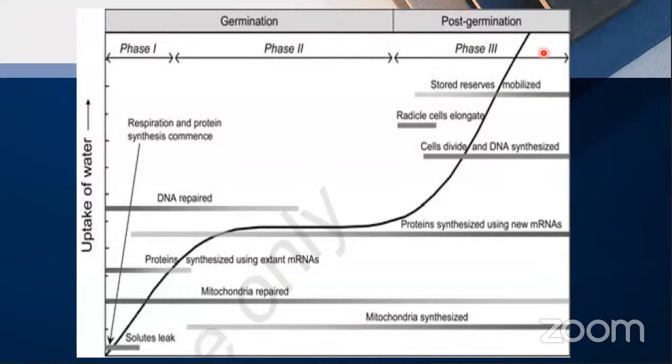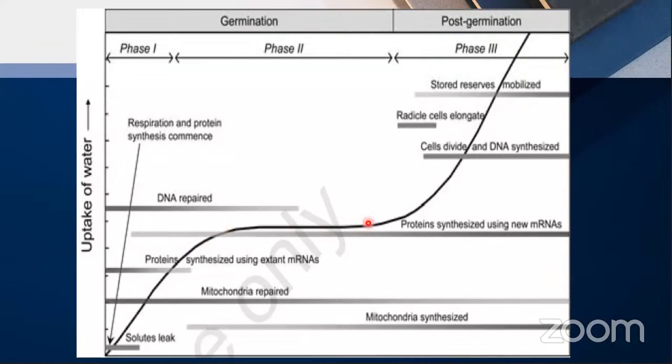You can see this graph, phase 1, phase 2 and phase 3. Until phase 1 and phase 2 is germination, and phase 3 is post-germination. You see this sigmoid graph. There is a steady increase in imbibition, that is phase 1.